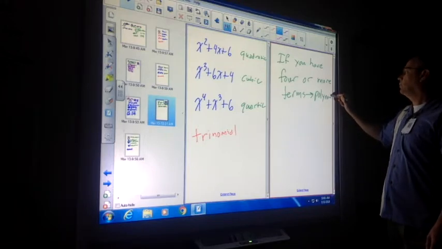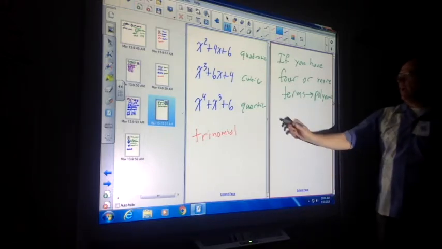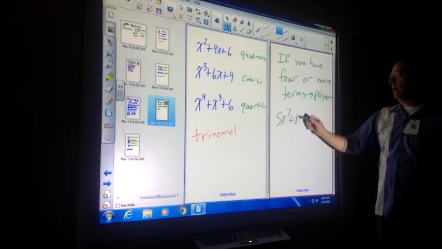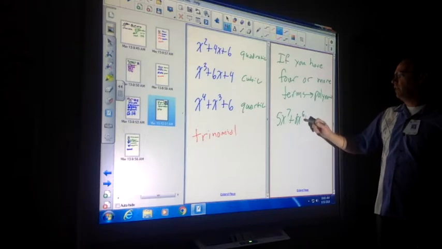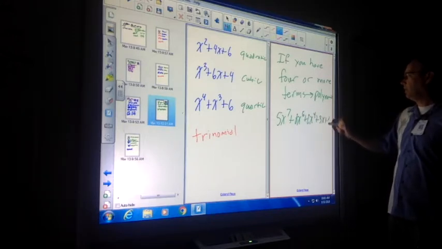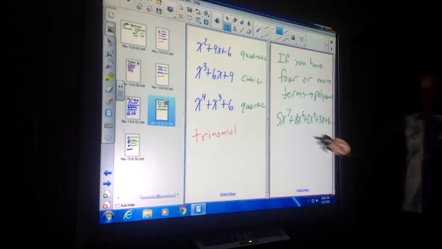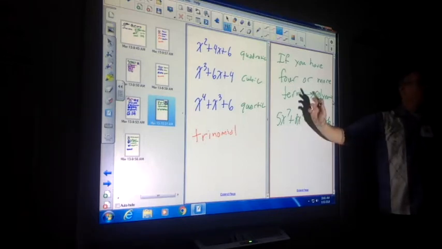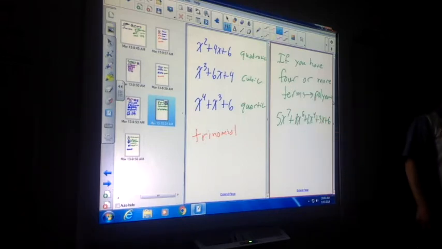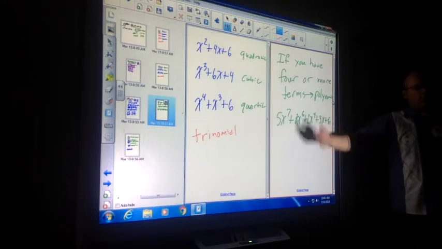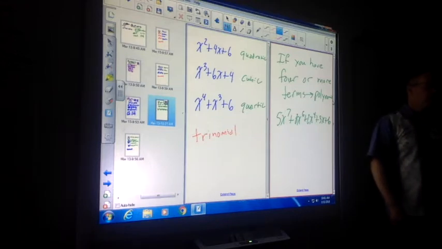So if I had something like 5x to the 7th plus 3x to the 6th plus 2x to the 4th plus 3x plus 6, there's a whole bunch of terms. I got 1, 2, 3, 4, 5. Wow, that's just a polynomial. And it's a seventh degree. I don't really have a Latin root for 7 that I'm going to use, so I would just say it's a 7th degree polynomial. Okay?